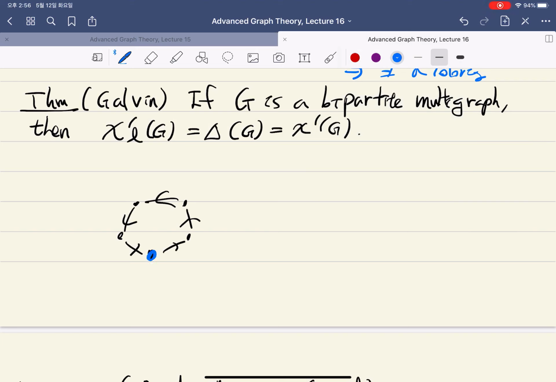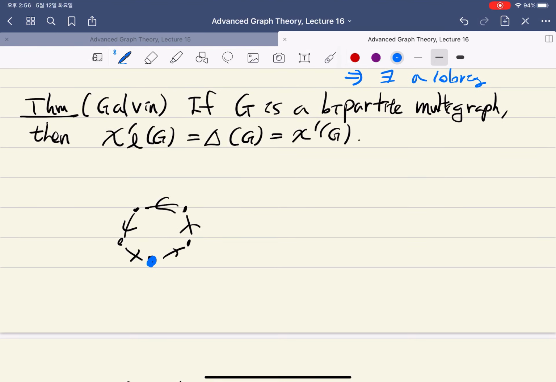Let's assume that there is a kernel, and let's assume that by symmetry it contains this vertex. Then these two cannot be in the kernel, because the kernel itself must be a stable set. And again, this alone is not a kernel, so at least one more vertex must be in the kernel here.